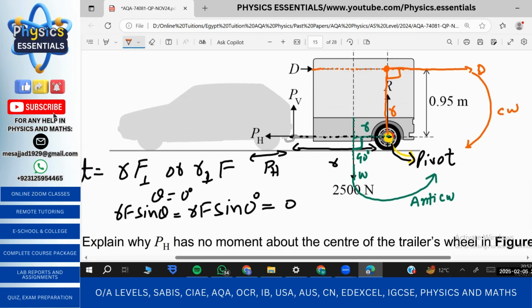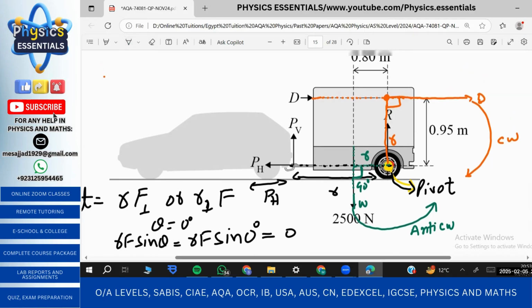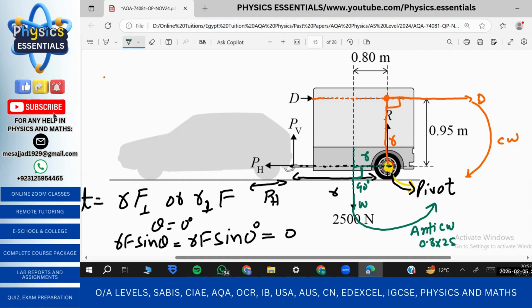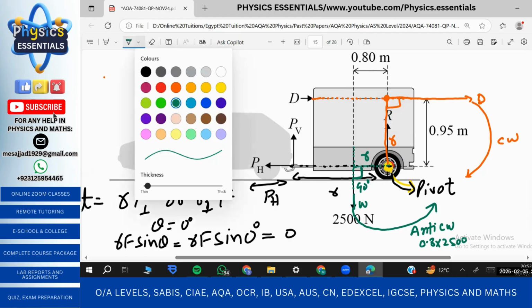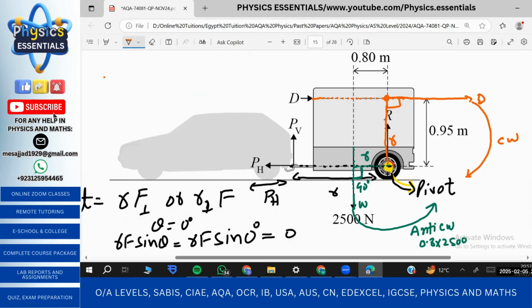Now that we have the values for all, the anti-clockwise moment will be the moment arm, which is 0.8, times force, which is 2500. And the clockwise moment will be force, which is D, times its moment arm, which is 0.95.